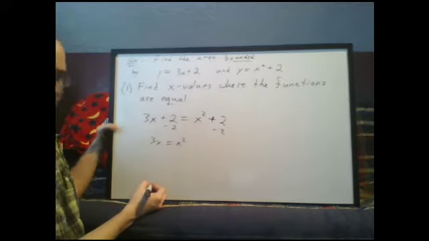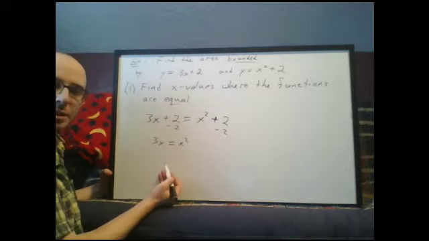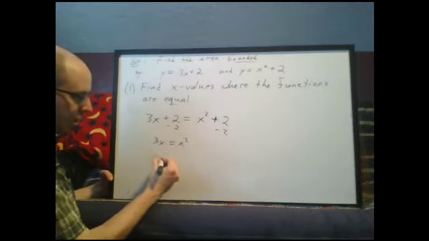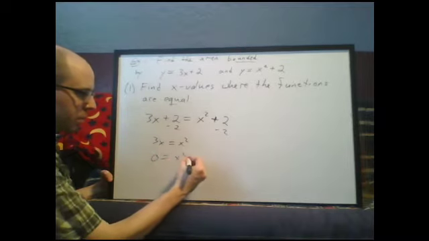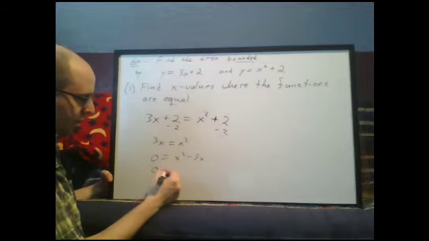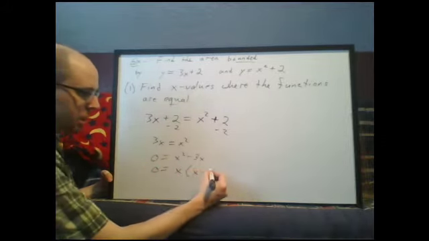I guess the safest way to solve this is, it's a polynomial equation, so let's get everything to the same side. Let's subtract 3x. 0 equals x squared minus 3x. Then we factor that. We can pull out an x from both terms. So x times (x minus 3).